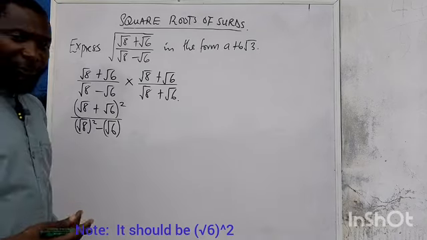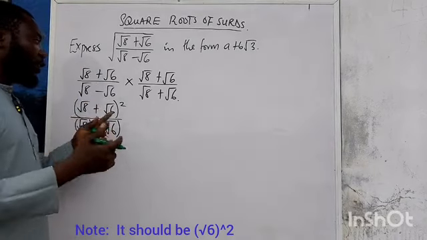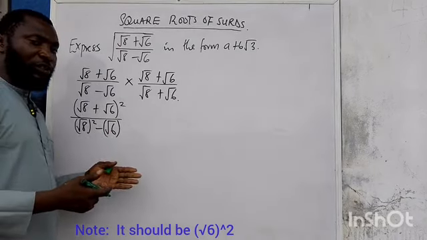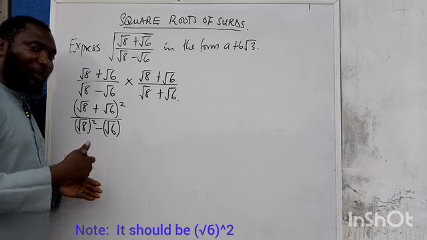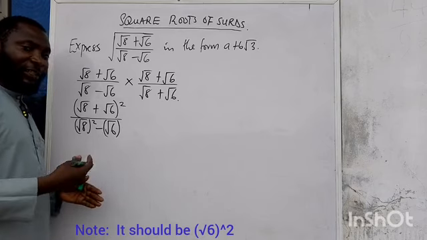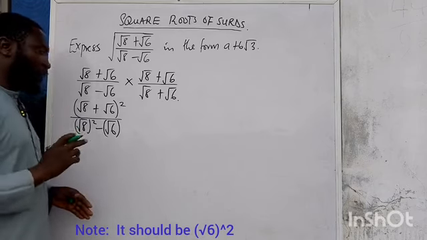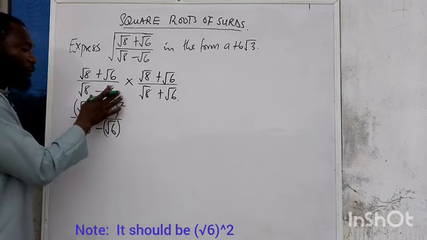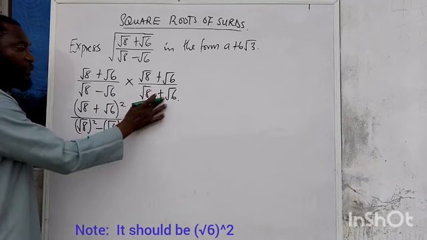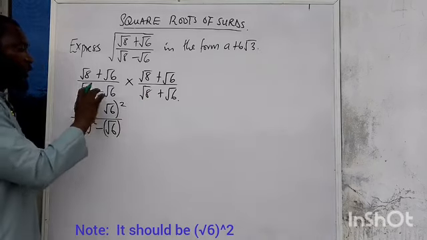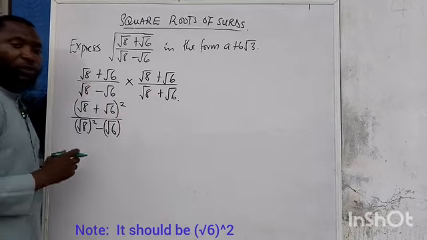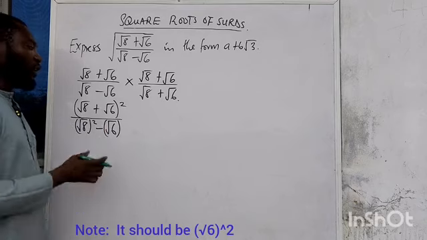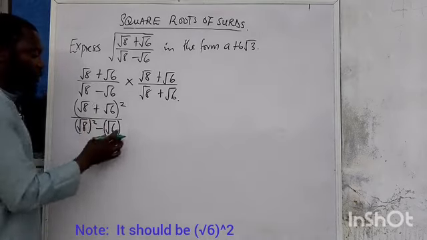Anytime you multiply a surd, which is an irrational number, by its conjugate, it turns rational, in the sense that the root will disappear. From basic algebra, the only difference is the sign in the middle, which simply means the difference of two squares: the square of the first number minus the square of the second number.